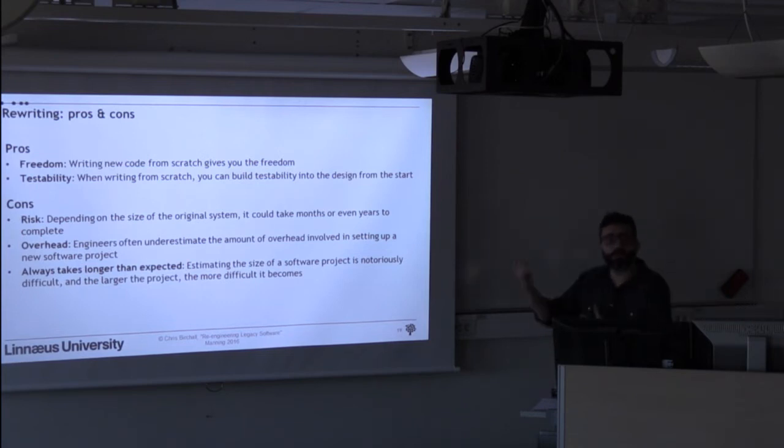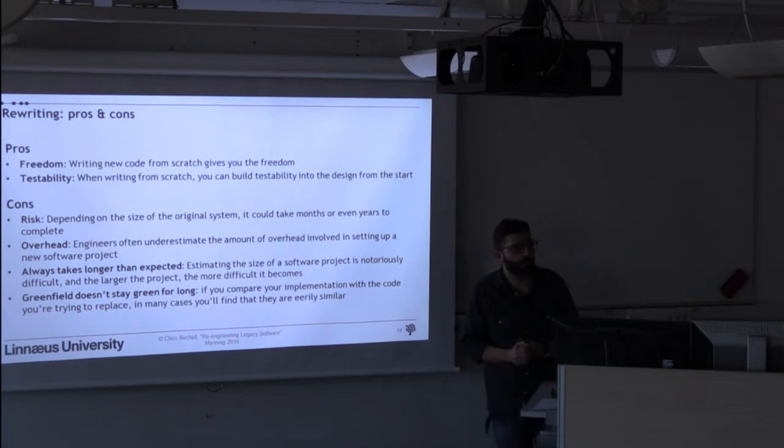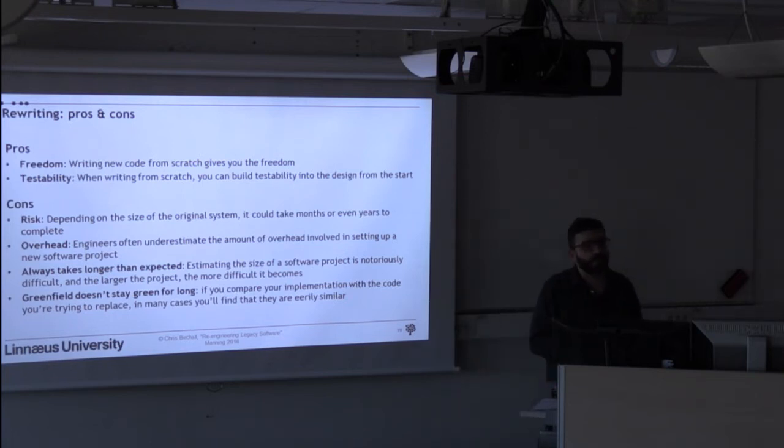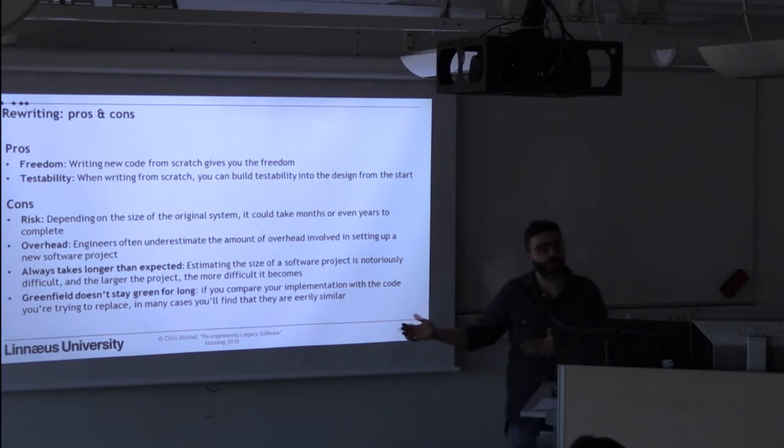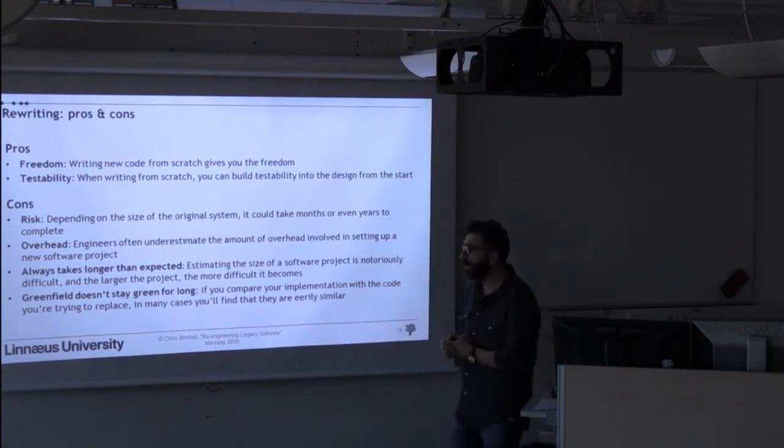It's better to overestimate than underestimate the effort in terms of time. And always think that greenfield software is not green forever. They are green today, they will be legacy tomorrow, because of all the different reasons that we just discussed.